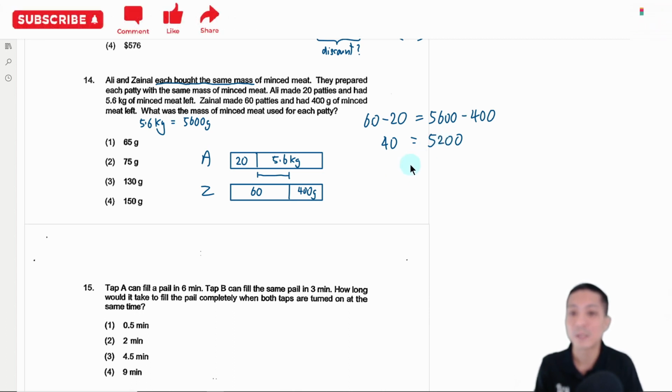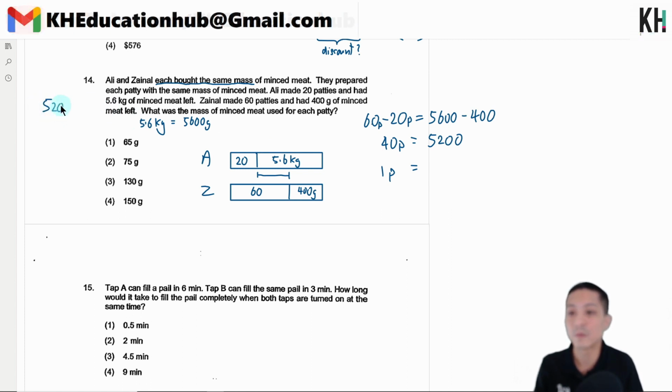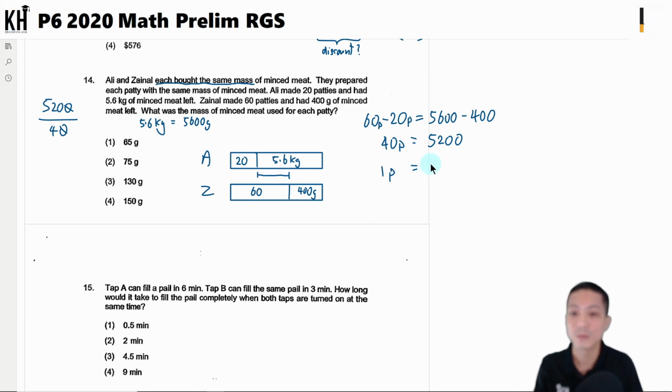What's the mass of minced meat used for each patty? Let me write a P to represent the patties. So one of it will be 5200 divided by 40, cancel. If you do the division, it will be 130 grams. So the answer will be number 3.